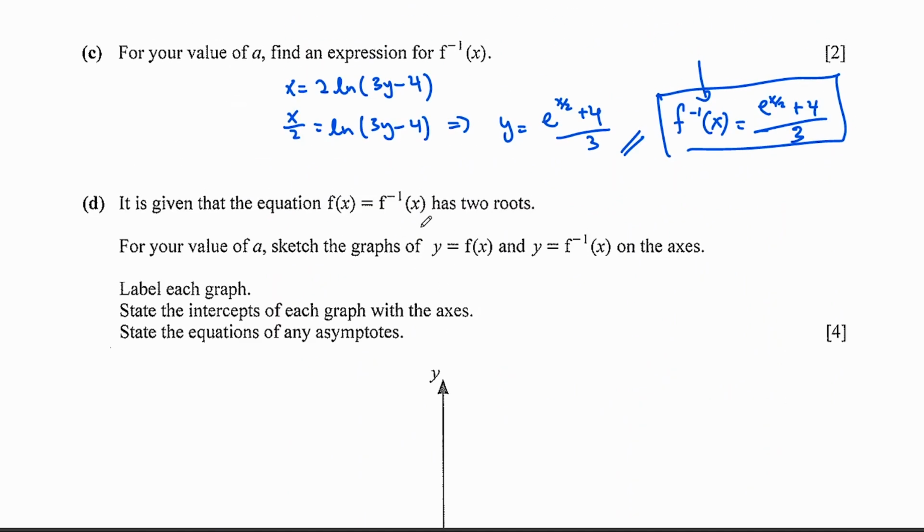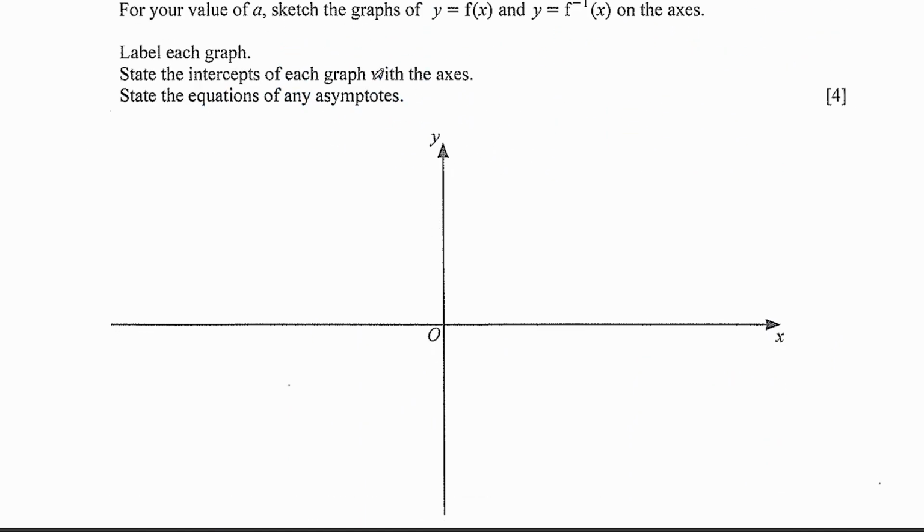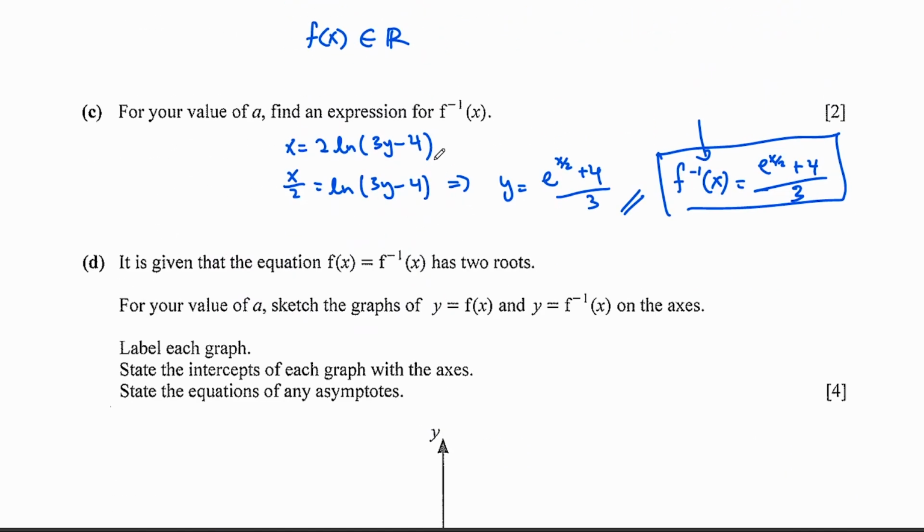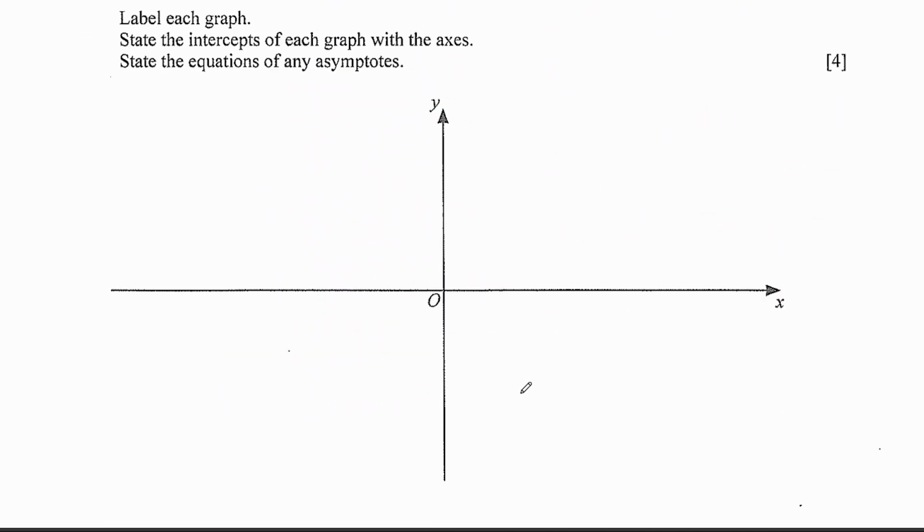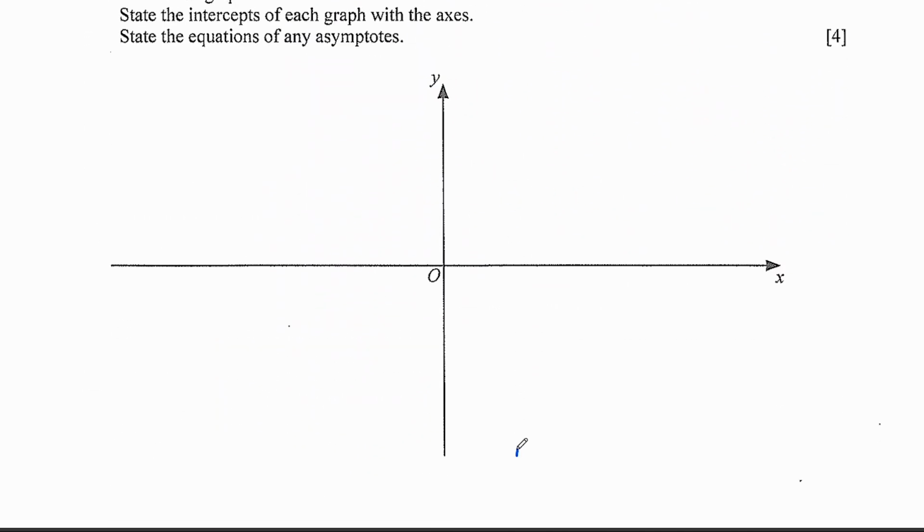I'm going to first use a ruler for this in your real paper, but first I'm going to draw generally the shape. So for the natural log graph, it looks something like that. Maybe I'll draw it a bit steeper.